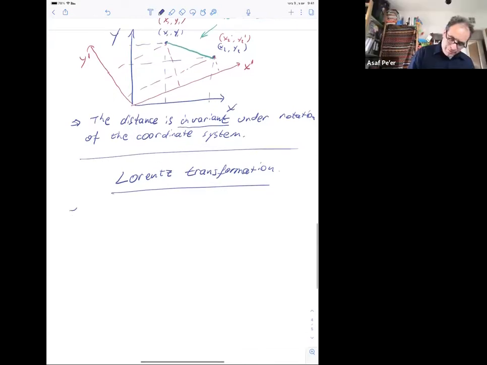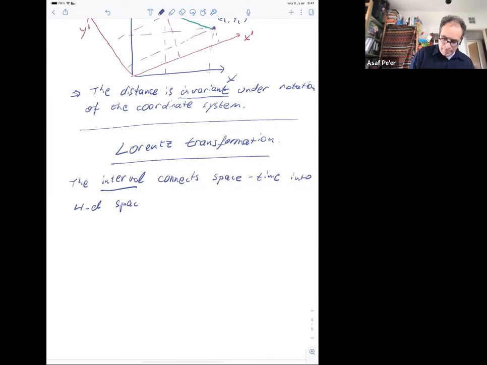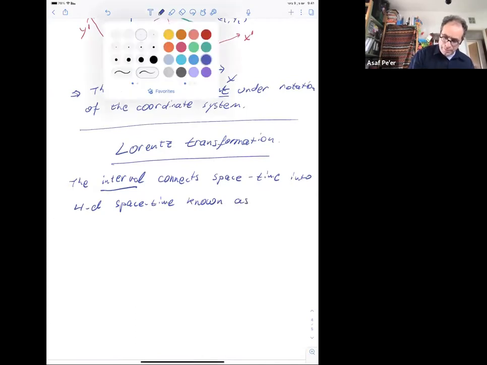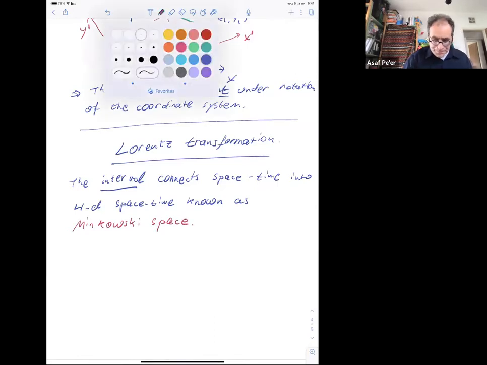So the interval connects space and time into 4D space-time known as Minkowski space.